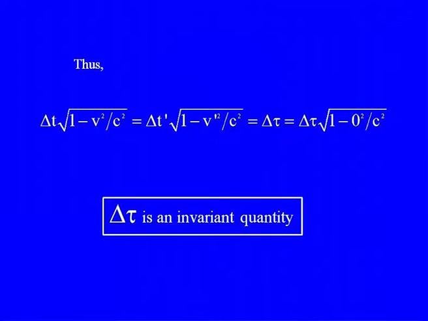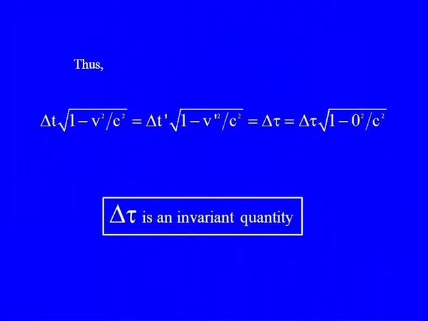So you immediately see that delta tau is nothing but delta t into root over of 1 minus v square by c square, the time interval measured in the frame moving with a certain velocity v.